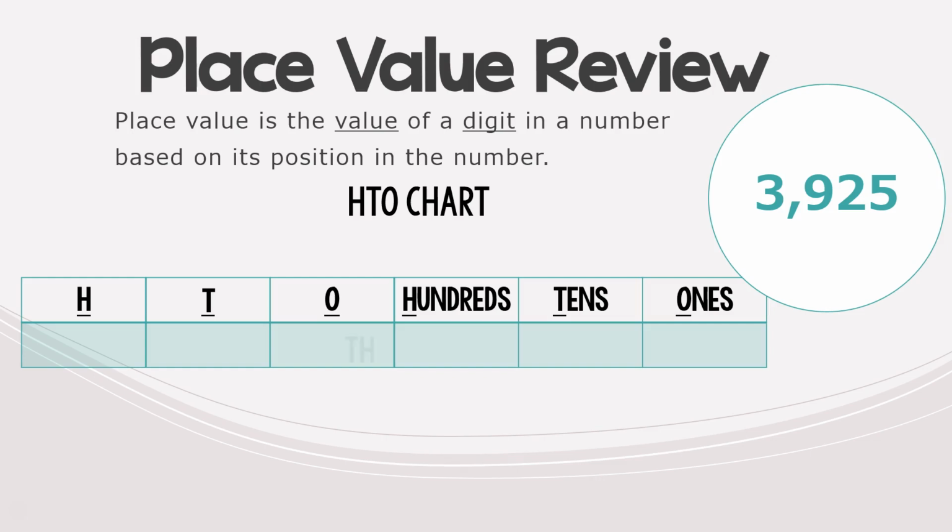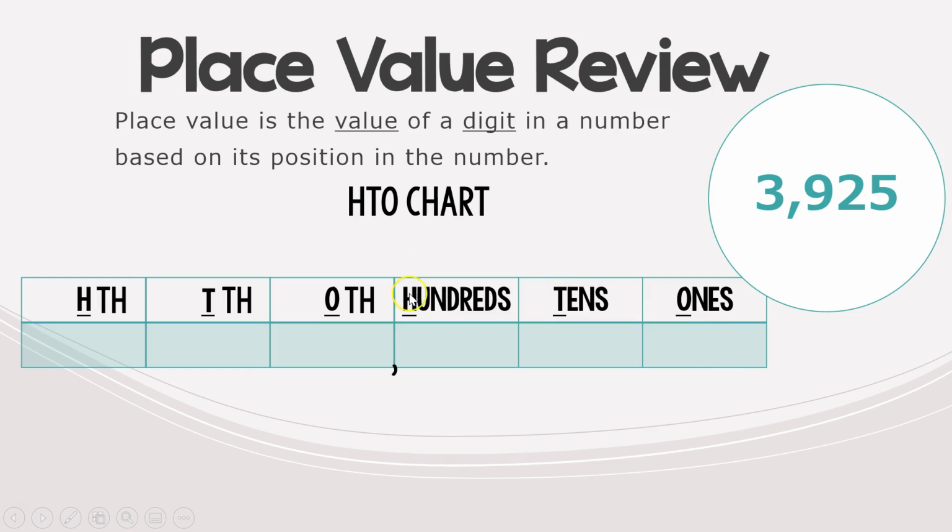This is going to be the 1,000th place. This is going to be the 10,000th place. And this is going to be the 100,000th place. Each period or group of three is going to be separated by a comma. And that's how we know when we are into a different period.